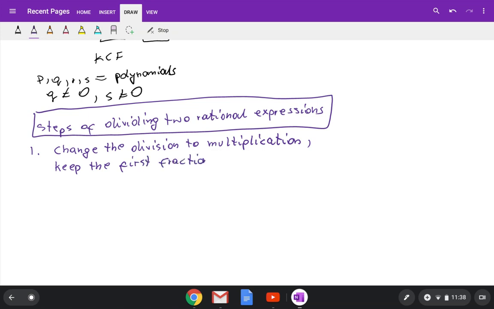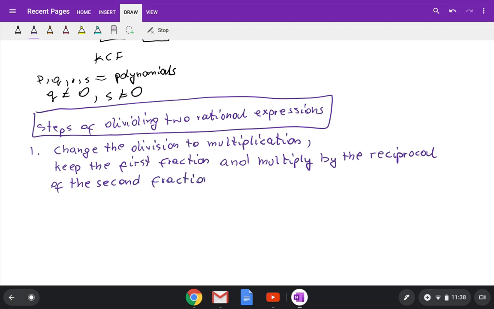By fraction, I mean a rational expression, and multiply by the reciprocal of the second fraction. Okay, so that's the first step, that keep change flip technically.